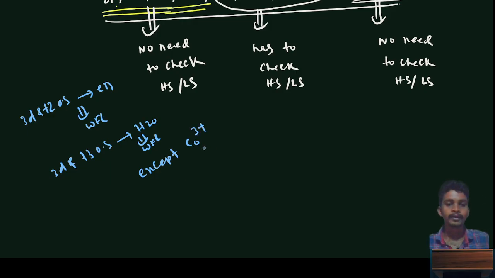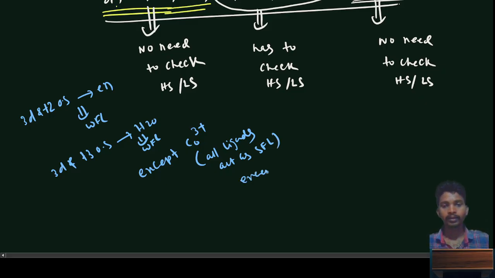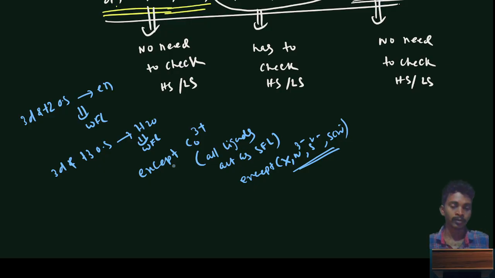Weak field ligands, except cobalt 3 plus, because cobalt 3 plus always has low spin complexes. Except for cobalt 3 plus, all ligands act as strong field ligands in its case, except the halogens X, N3 minus and so on. Leaving these, all ligands are strong field ligands for cobalt 3 plus.